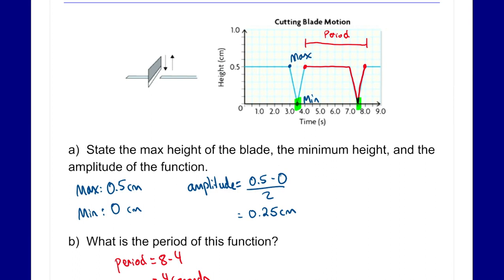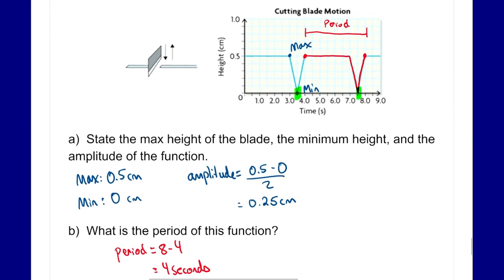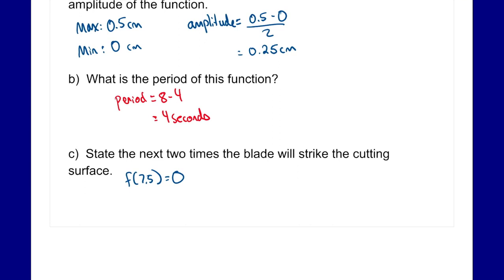Now I need to find the next 2 times. So the next 2 times are going to be the next cycles over. And I know how long a period is: 4 seconds. So my next one is going to be f at 7.5 plus 4, and that will give me a height of 0, or f at 11.5 equals 0.